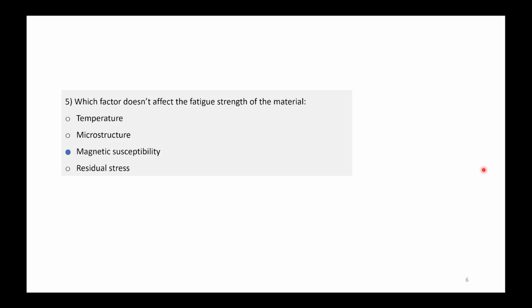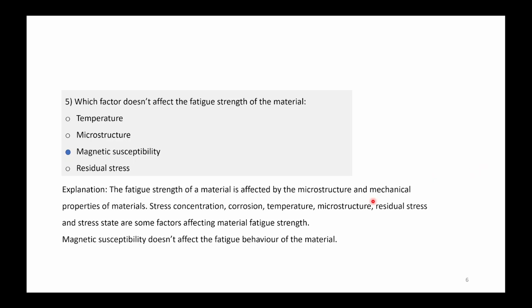magnetic susceptibility. And we can explain this by saying that fatigue strength of a material is affected by the microstructure and mechanical properties of materials. And we know that temperature can change the microstructure of the material as well. Temperature also plays an important role in defining fatigue strength and thermal fatigue.